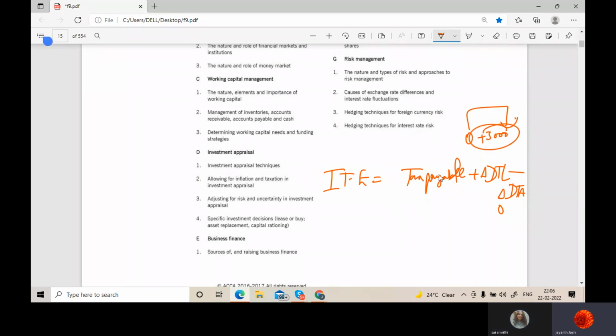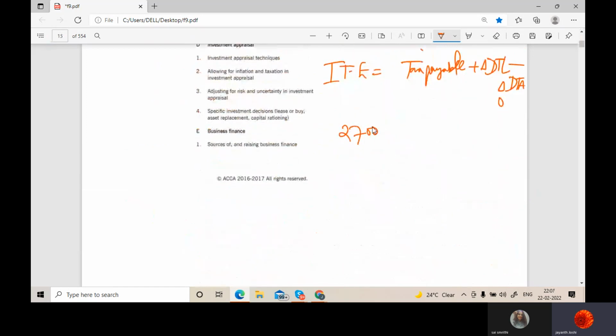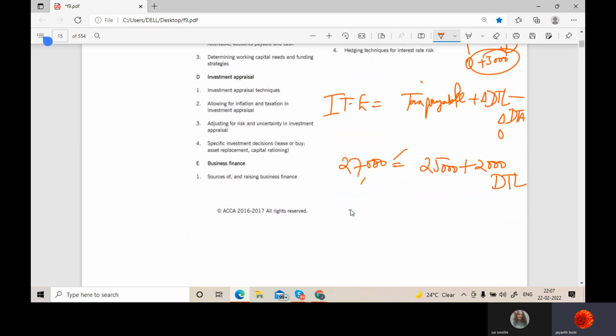Okay, so that we are going to add. In my previous example my income tax expense is 27,000, and the tax payable is say 25,000. So I need to pay 2,000 more. That creates a DTL. Again, if my income tax expense is 24,000 and I paid 27,000, then minus 3,000 is my deferred tax asset.